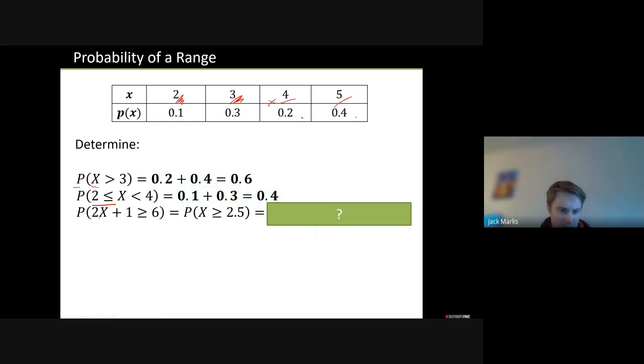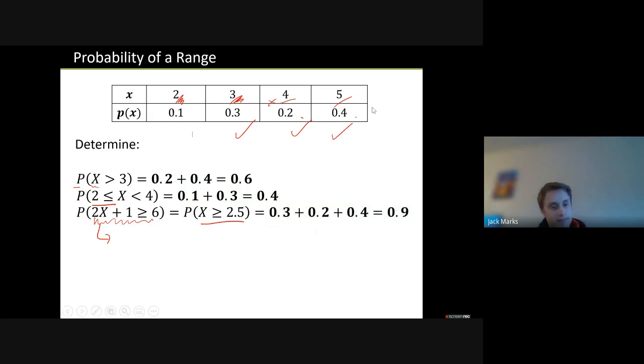And if somebody tries to obfuscate, to make it unclear what's going on, well, take away 1 from both sides, divide by 2, you'd get that. What's the probability it's greater than or equal to 2.5? Well, there is no 2.5, so the 2.5 bit is kind of meaningless. Above 2.5, though, is 3 and 4 and 5. So you could add those ones together.